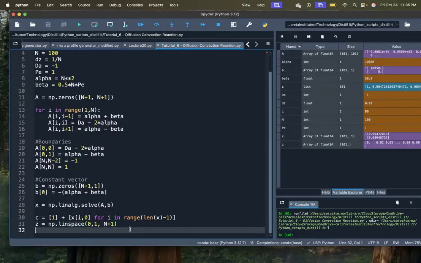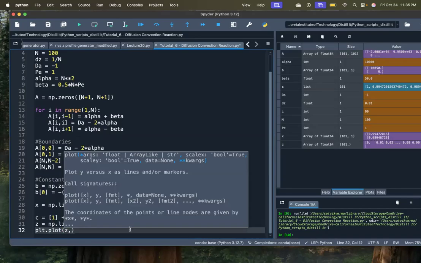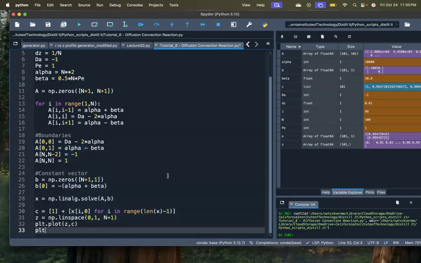So now let's plot plt.plot(z, c) and plt.show().